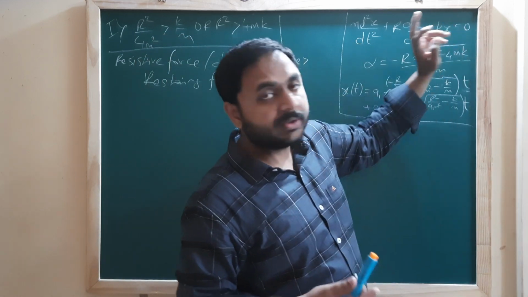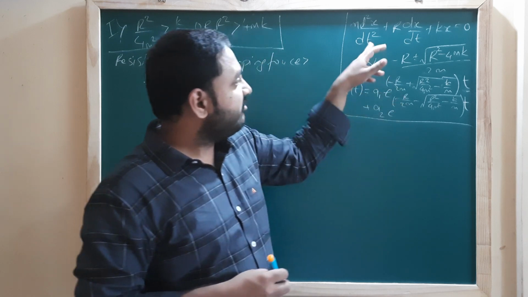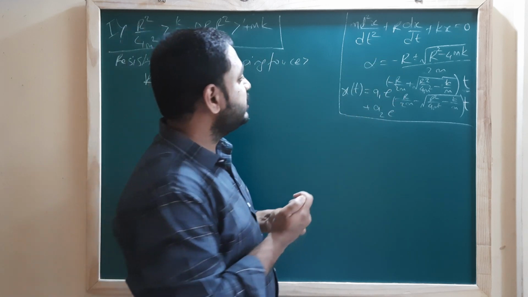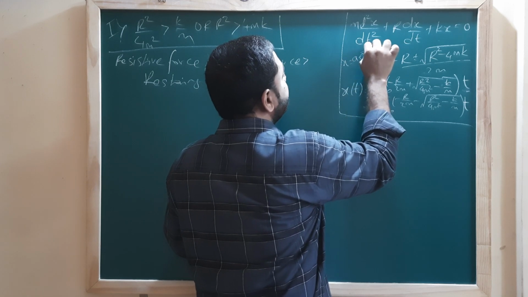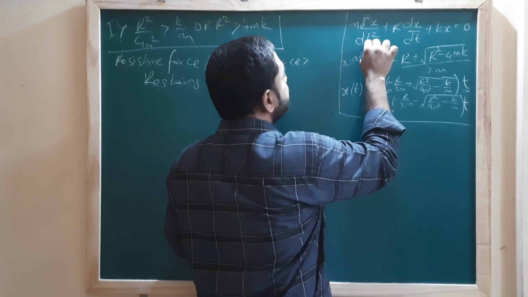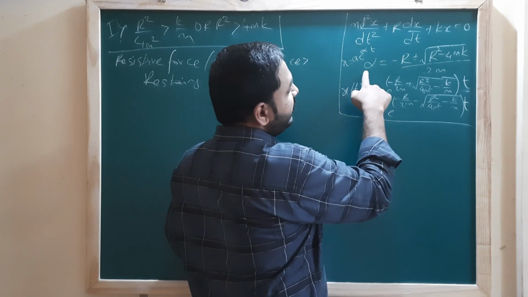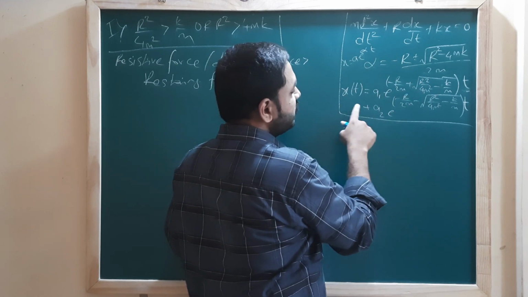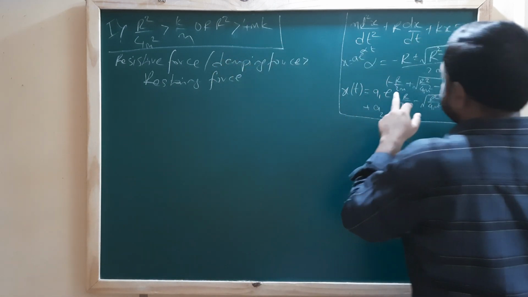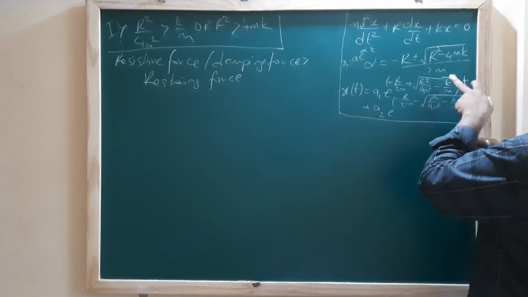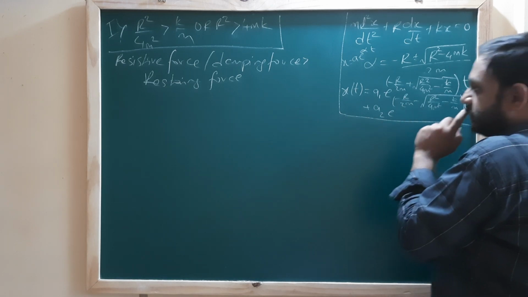Together you add these three, you get the differential equation of damped oscillatory motion. Then we assumed a solution saying that x may be of the form a e raised to minus alpha t, and then we got this alpha, and finally when we solved it, we got x of t equal to a1 into e raised to this entire term, minus r by 2m plus something, into t, plus a2 e raised to some term into t.